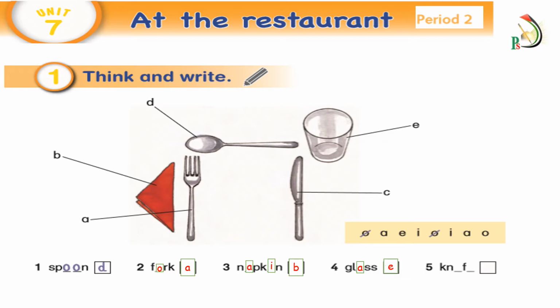Now check your answer. Knife, and the last letter E. So K is a silent letter. We start reading from letter N. Knife. Now knife, which picture? Write the answer in the box. Knife, picture C. Excellent, my dear students. Great job.